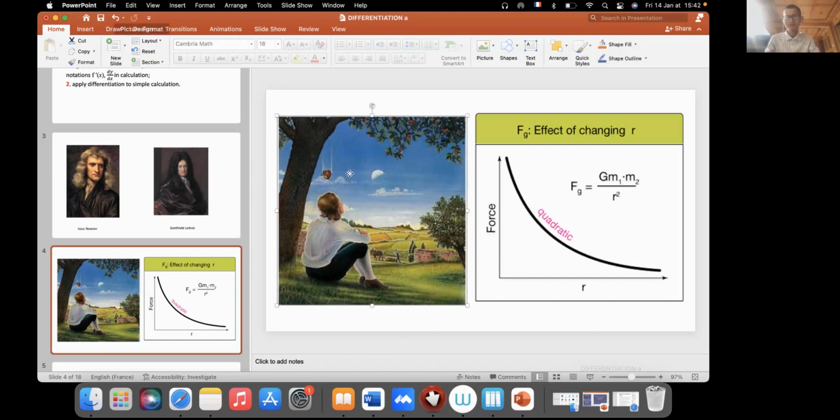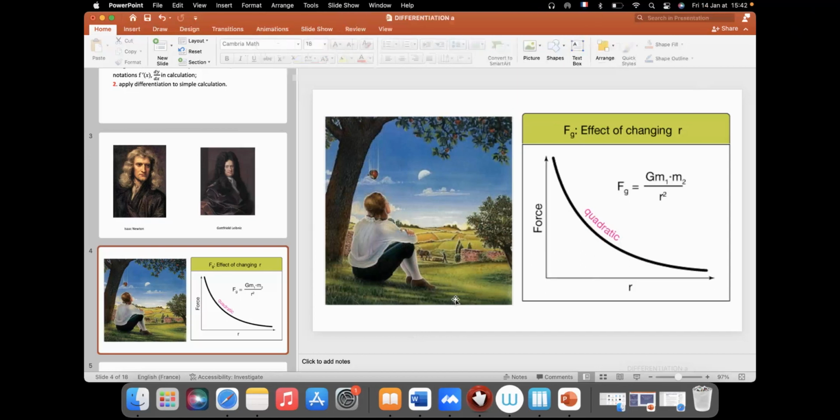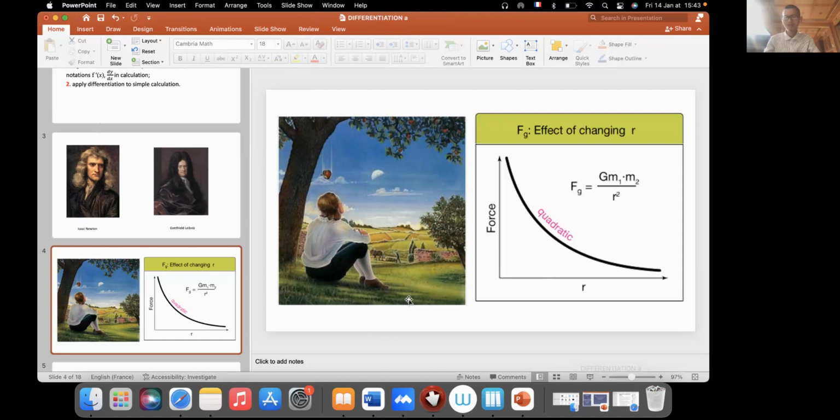We start with an anecdote which says that one day Newton, at his property, as young as you are, was sitting under an apple tree when suddenly he saw an apple falling from the tree. You know, Newton was a genius, right? He was very curious.